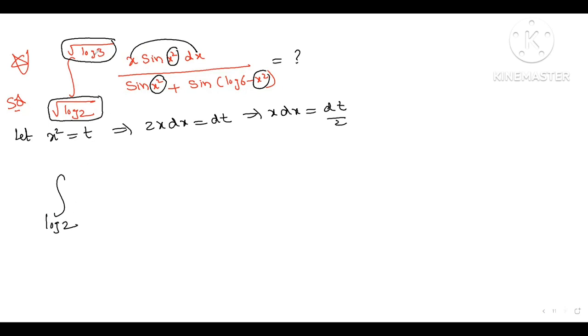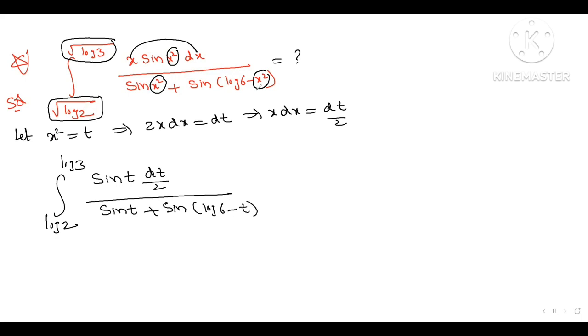If x is equal to root log 3, then t is equal to x square, root log 3 whole square is log 3. Okay, here sin x square, place in right t, x dx value we have got dt by 2 upon sin t plus sin of log 6 minus t. In the place of x square, we should write t. This is the equation 1.